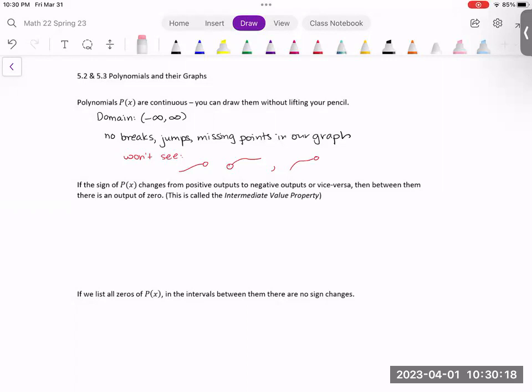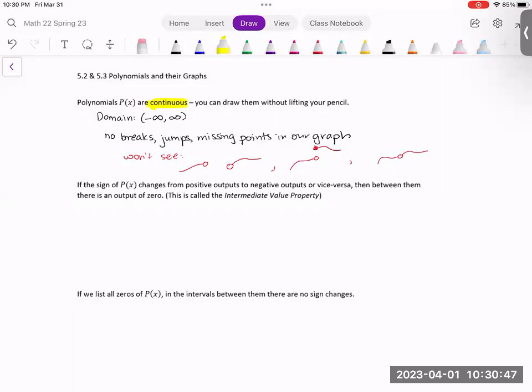We won't see any jumps where our value changes all at once. And then finally, no missing points, where anything's left out. Okay, so this is a pretty good definition of continuity. You'll learn more about it if you take a calculus class.